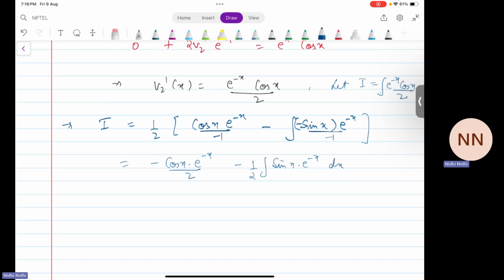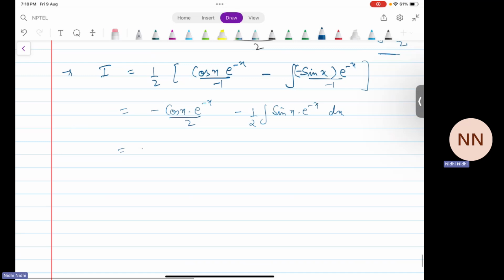Now we'll again use integration by parts and somehow we'll get back to the term I. This is equal to minus e to the power minus x cos x by 2 minus 1 by 2, sin x as it is, e to the power minus x by minus 1 minus integration.